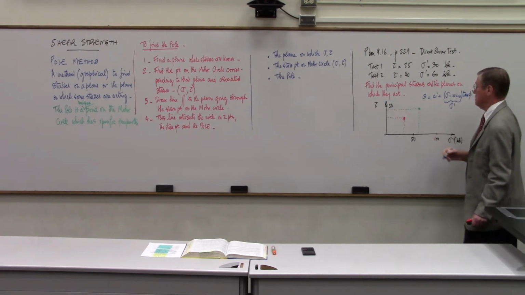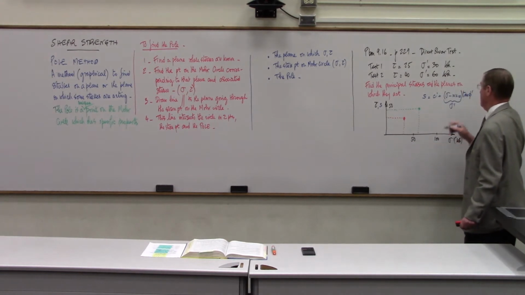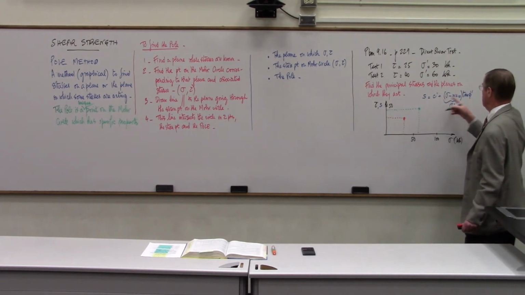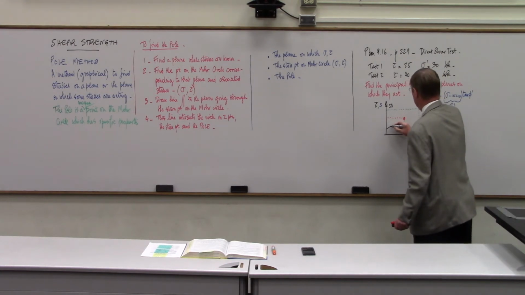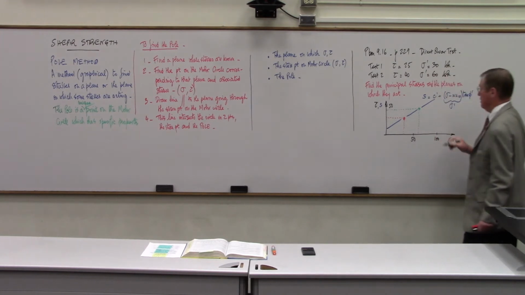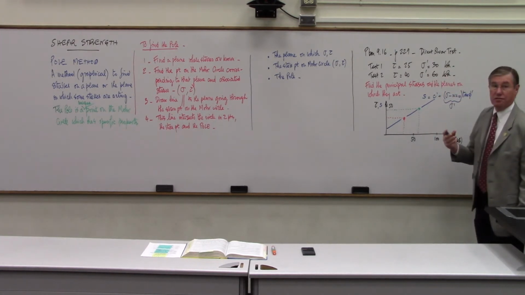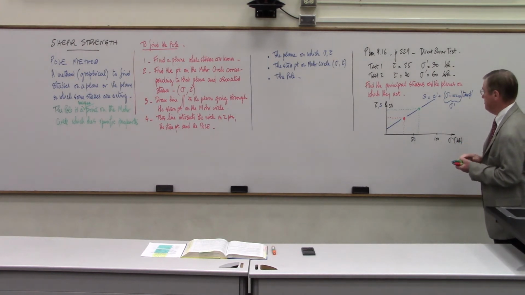S is the maximum value of tau. And then sigma prime is here, so the slope is tangent phi prime. That's a straight line. So I can put a straight line through this. And that blue line is the failure envelope in shear for the soil.